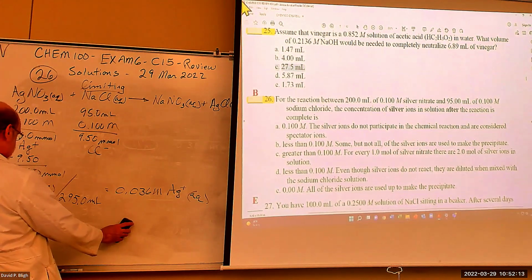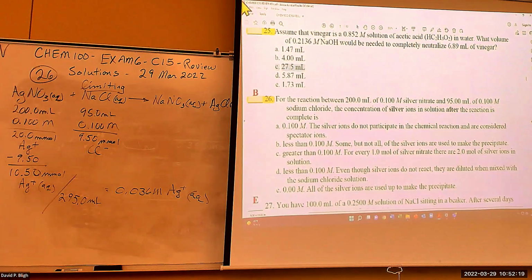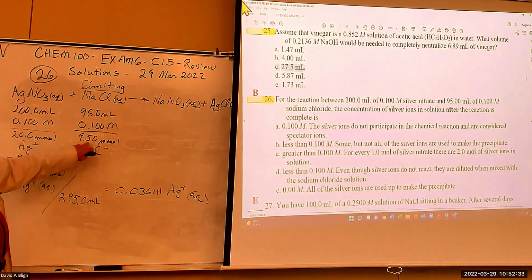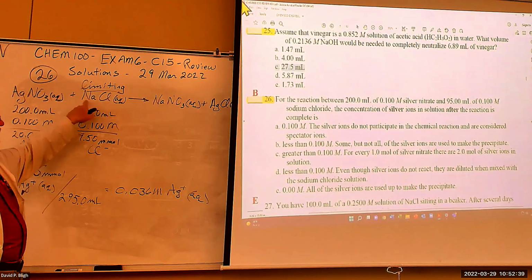Let's see. We'll leave that there for a second. What else can we say? We could calculate the concentration of sodium in solution. All we need is millimoles of sodium, which is equal to millimoles of chloride, because they're 1 to 1.